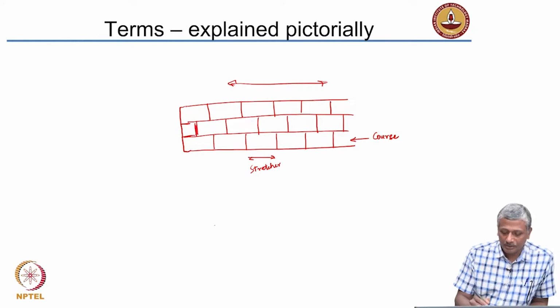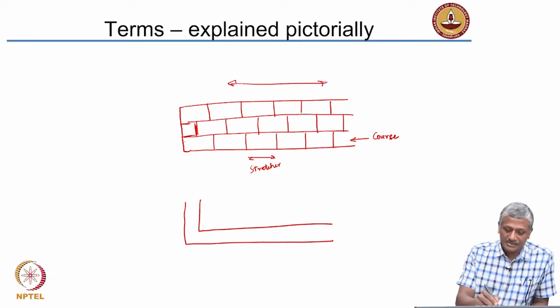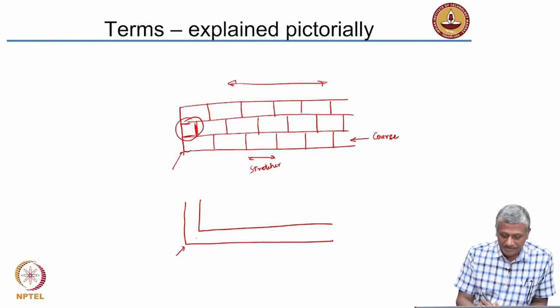Now, if I come to the corner of the wall, where the wall ends, and I draw the plan of this wall, it will look like this. So, this is the end of the wall or coin. If I am looking in plan, that is what it looks like. So, if I draw the second course of bricks, this brick here is actually in the other direction.